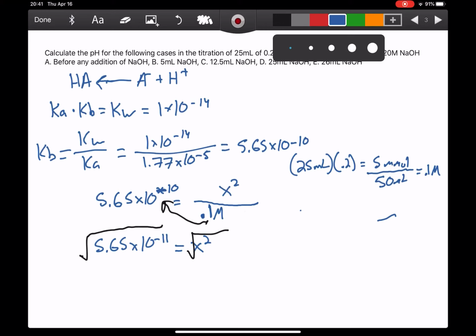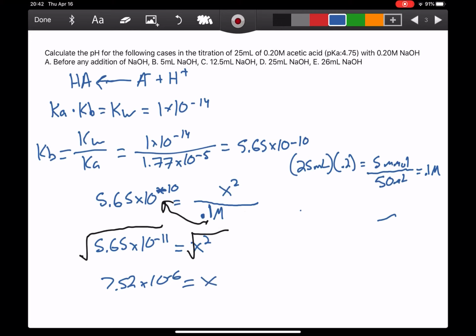So the square root of 5.65 times 10 to the negative 11th is going to be 7.5 times 10 to the negative 6th is equal to x.